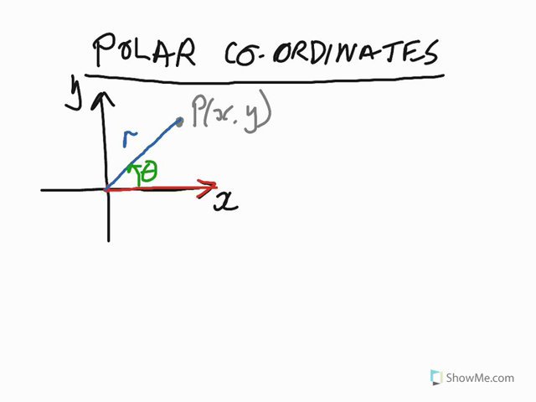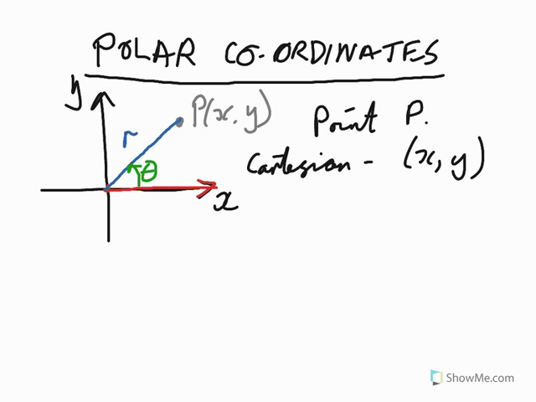All right, so point P, we can write where it is in two different ways. So Cartesian form would be x and y, and polar form is in square brackets, r and theta.